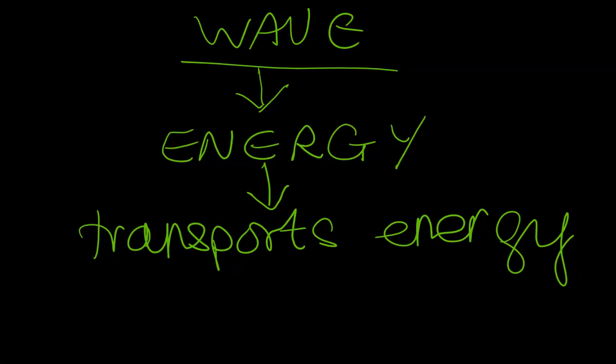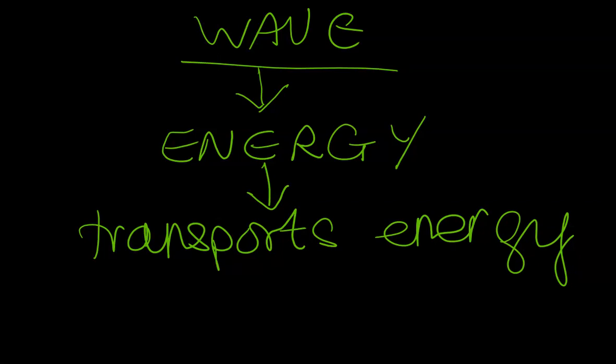In the case of a water wave, it's water molecules, and these molecules become displaced from that equilibrium position. Now, when these molecules become displaced from that equilibrium position, you will find that they will transport the energy through that displacement. And you must have a source introducing the energy to the medium.